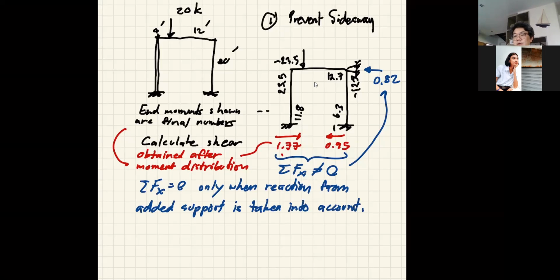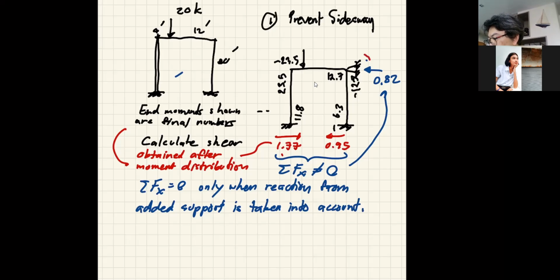Okay, so the support here is the support that we add to prevent side sway. Okay, it's not there. This is our real frame. There's no support. We just add this so that we can calculate the moment due to the load alone.